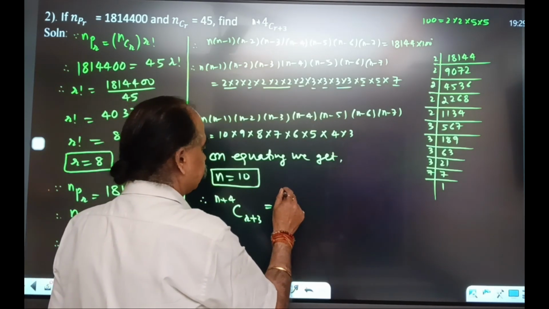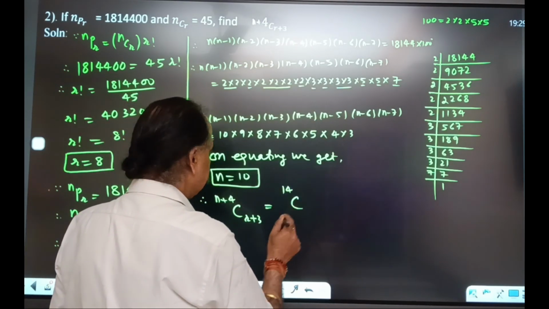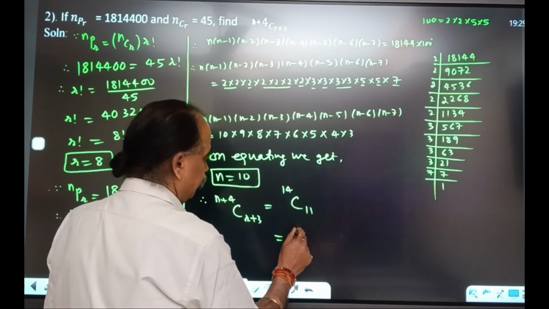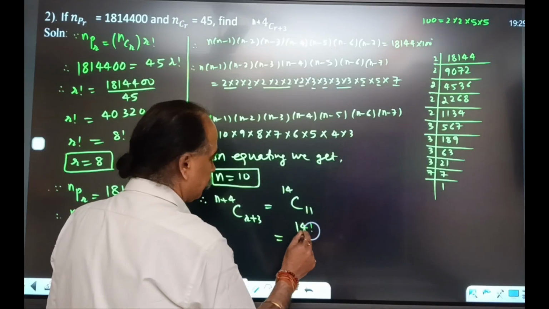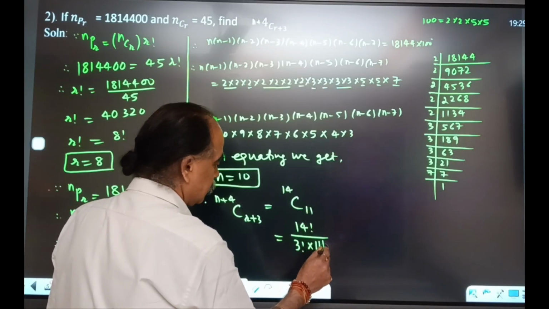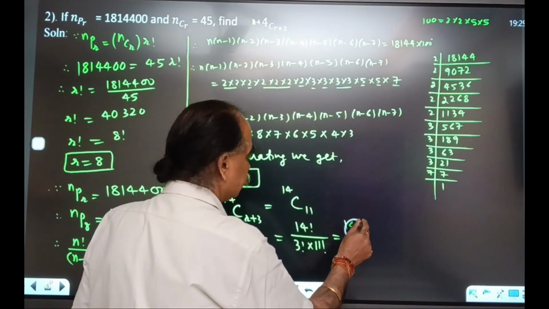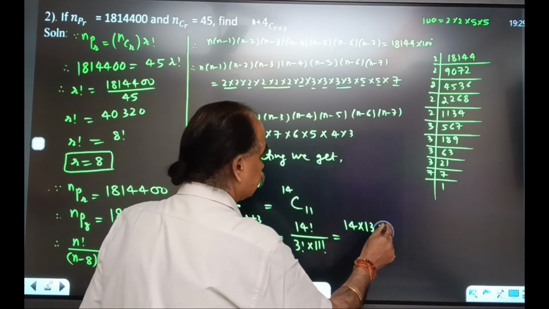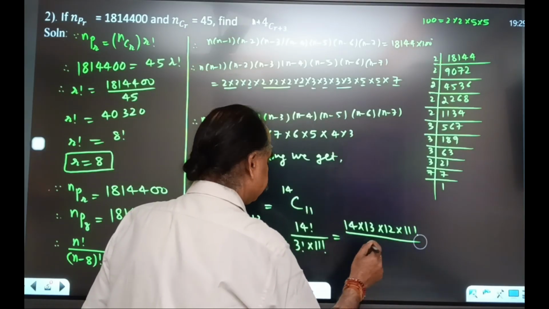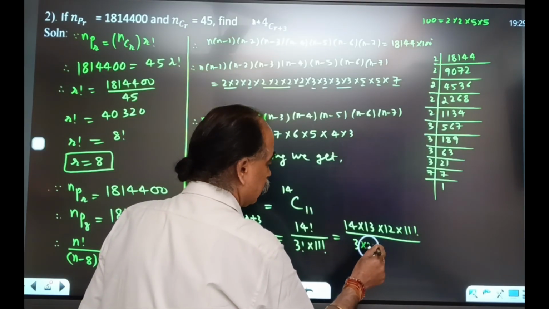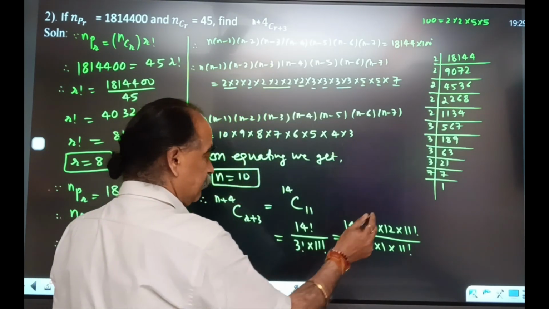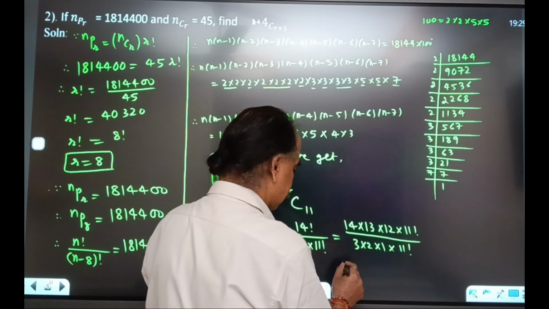N plus 4 is what? 10 plus 4, 14. r plus 3 is what? 11. 14 factorial upon 14 minus 11 is what? 3 factorial into 11 factorial. 14 into 13 into 12 into 11 factorial upon 3 into 2 into 1 into 11 factorial. 11 factorial cancels, 3 into 2 is 6, 6 into 2 is 12.